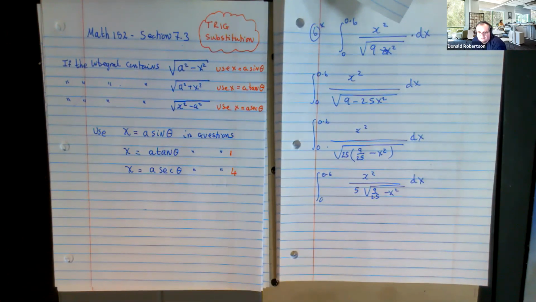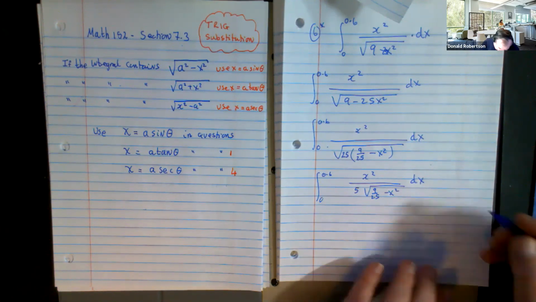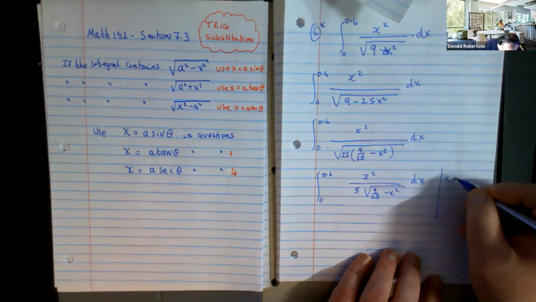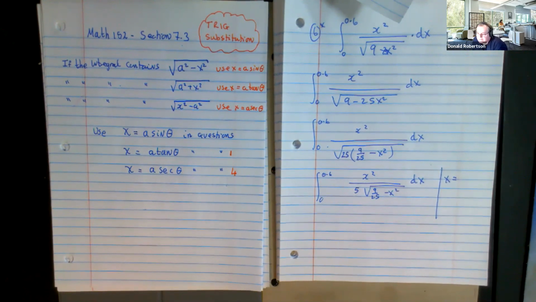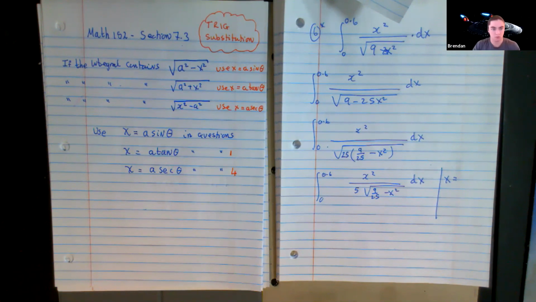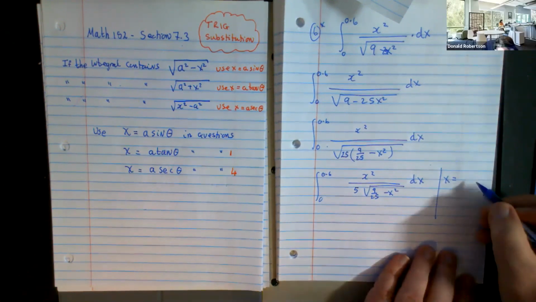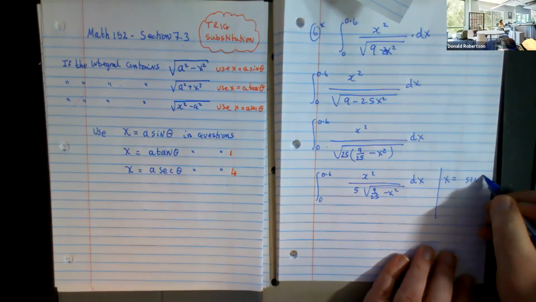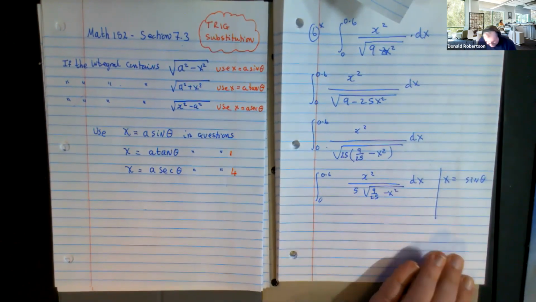Is this a sine, a tan, or a secant story? Is it a sine, is it a tan, or is it a secant? Sine. Great. And it's going to have a number or fraction here.